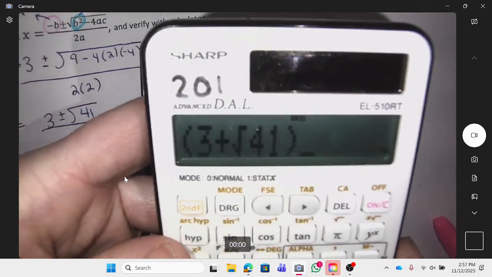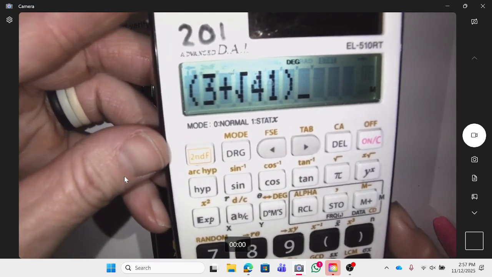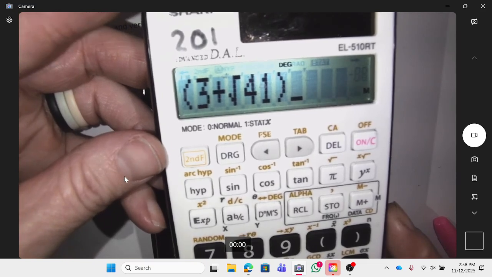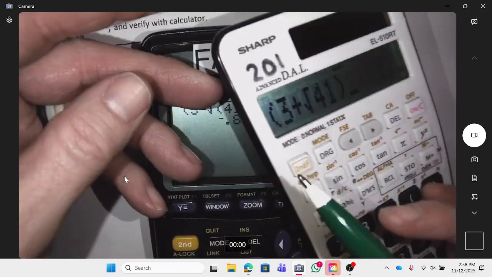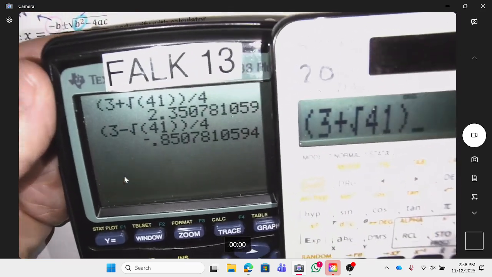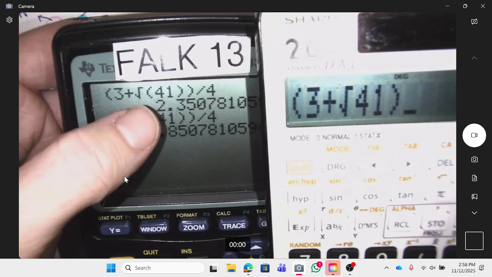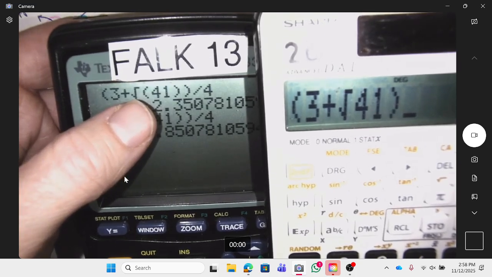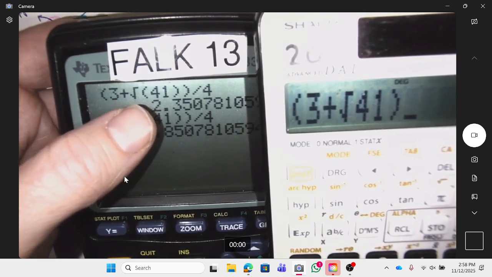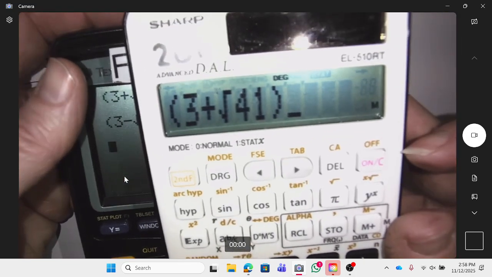See this calculator? I don't have a bracket because the 41, it didn't have a bracket here. Do you guys see the difference between a brackety calculator? As soon as I push the square root, it just inserted a bracket, so I have to do it. Okay, my old calculator, not brackety.